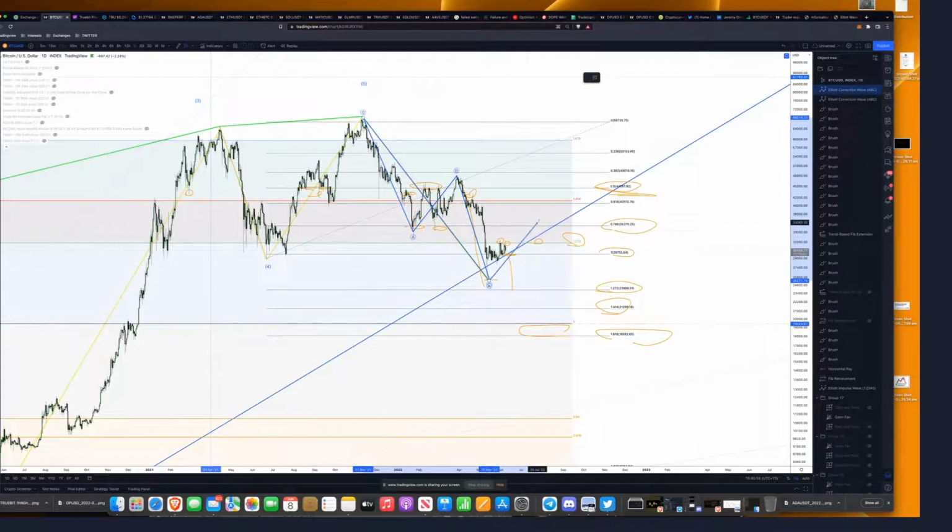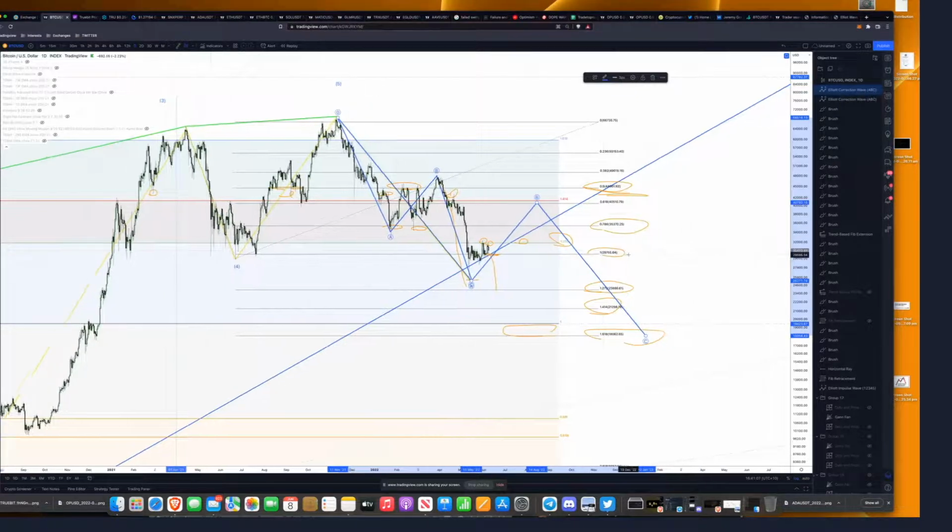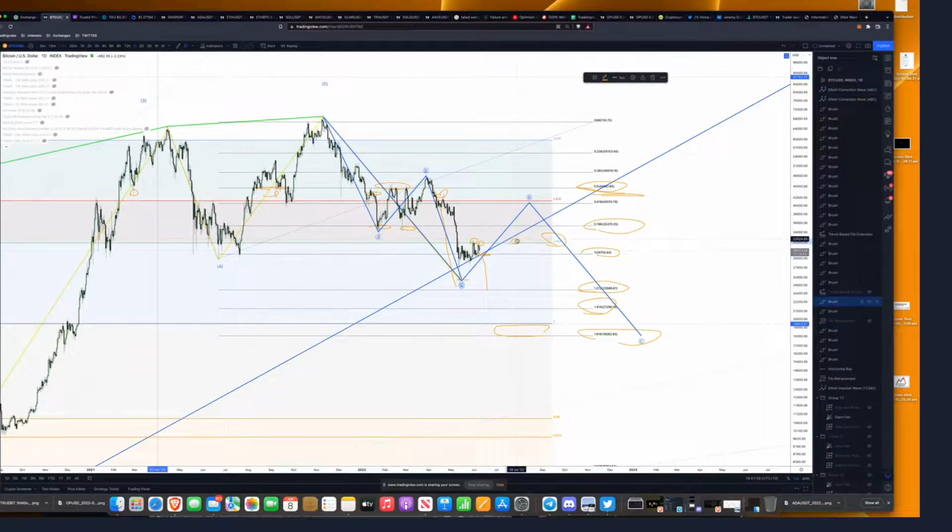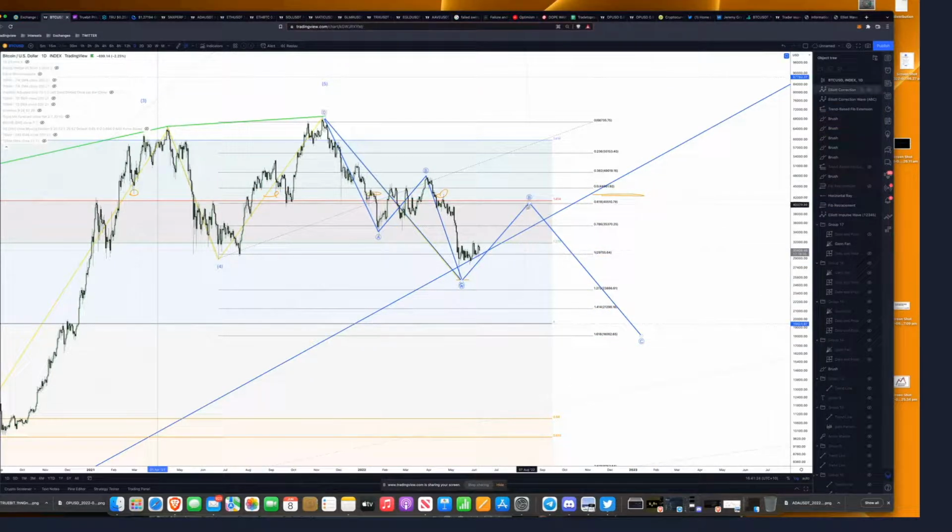That's our A, that's our B, cook up to there, cook up to wherever it is, and that's our C. And this is what's important: we don't know. So you think of a jigsaw puzzle, and if a piece is missing, you're not going to finish it, right? So what we're looking for, to have a better idea of where the bottom is, is where B is.